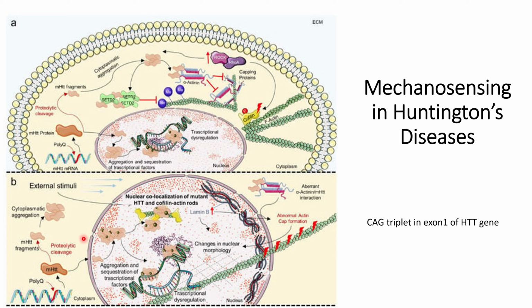The other part mentioned here is that the colocalization of the mutated Huntington protein will also affect the chromatin structure, and this will finally lead to epigenetic changes or transcription dysregulation, which will lead to the upregulation of proteins that promote Huntington disease and cause problems in the brain.